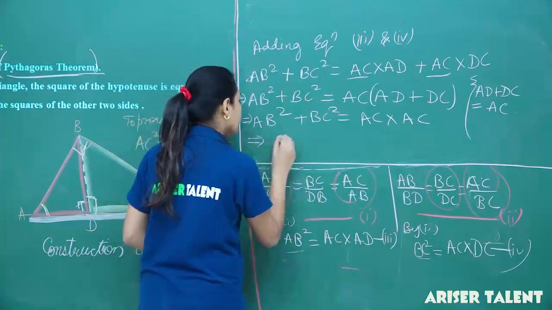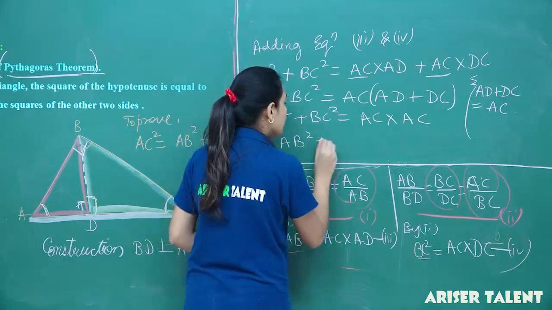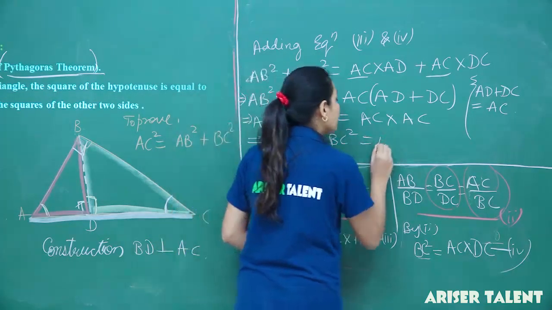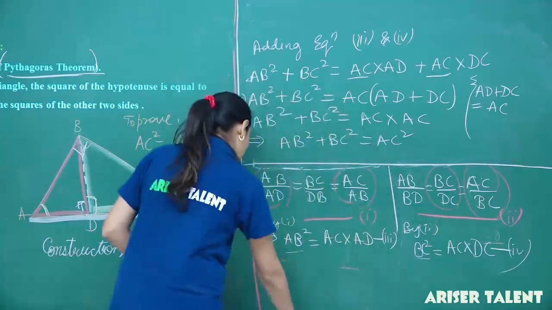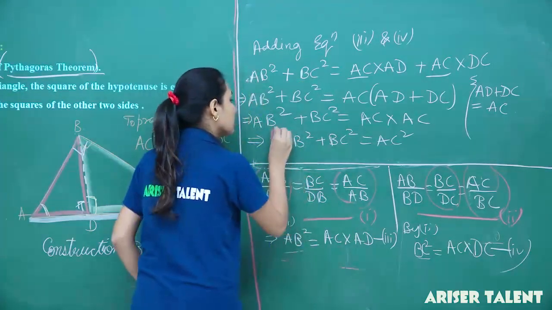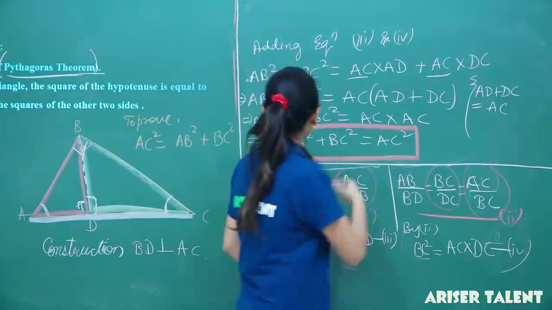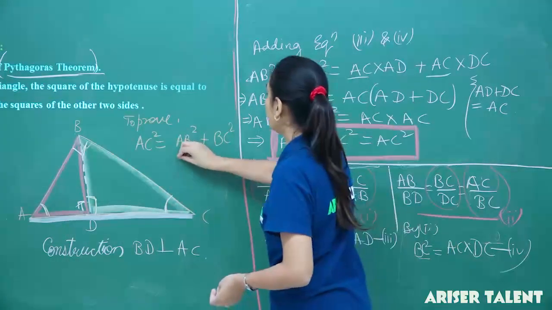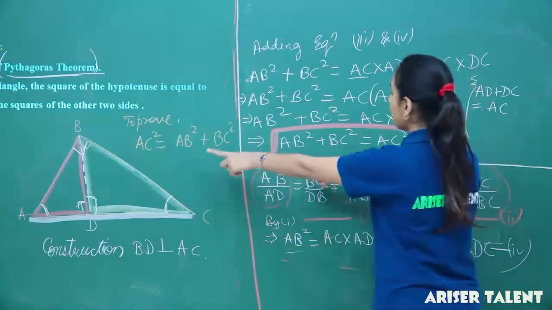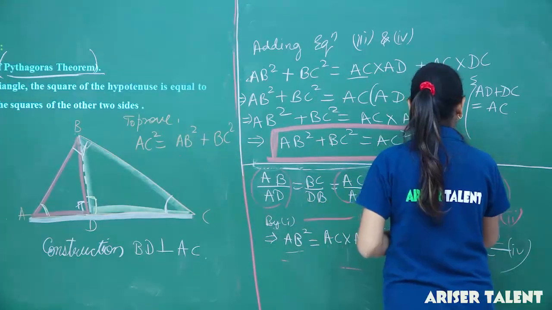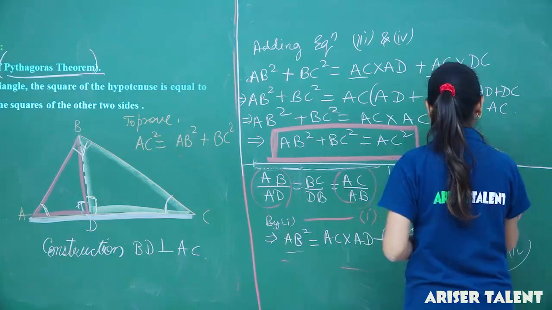Now I can simply say that AB square plus BC square equals nothing but AC square. Isn't it, students? So this is what I had to prove here: AC square equals AB square plus BC square. Hence proved, my dear students.